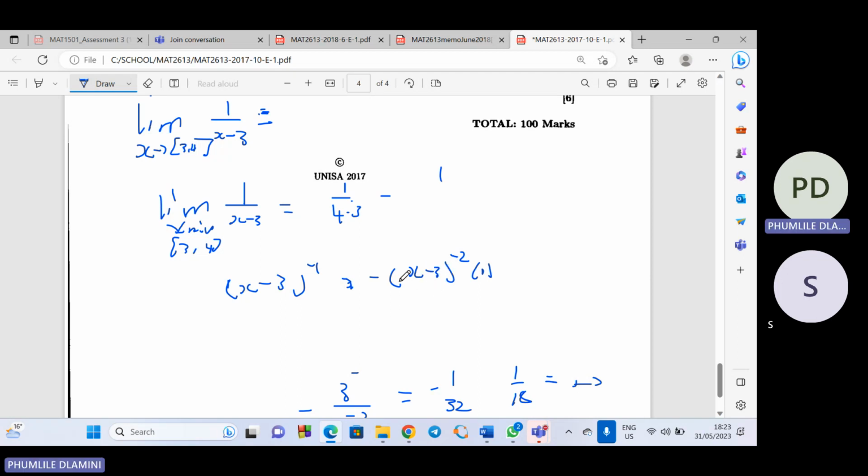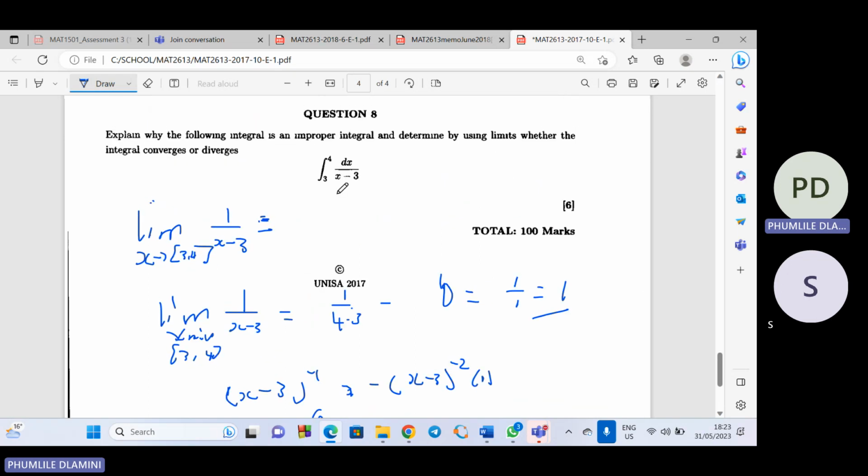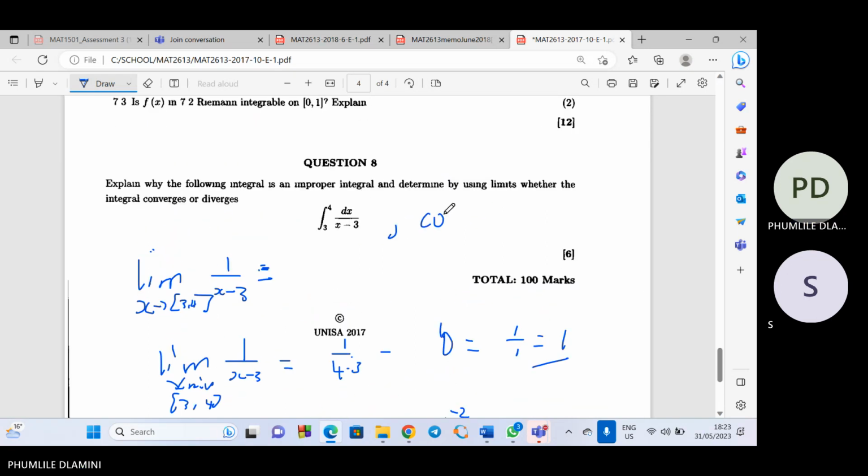But when we substitute 3 there, it's not going to give us anything. But if we differentiate using L'Hôpital's rule, you will see that when we differentiate, everything is going to be 0. So when we calculate for the limit, the answer here is going to be 1 over 1, which is equal to 1. So this function converges. We just got the limit, it converges.